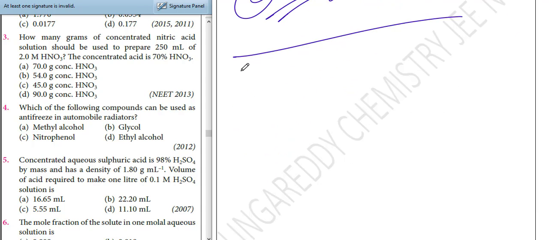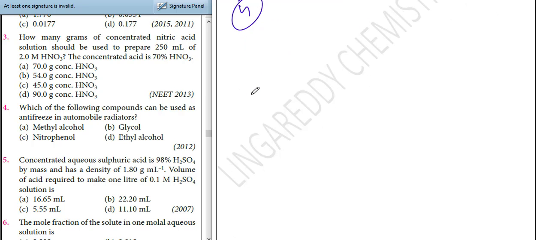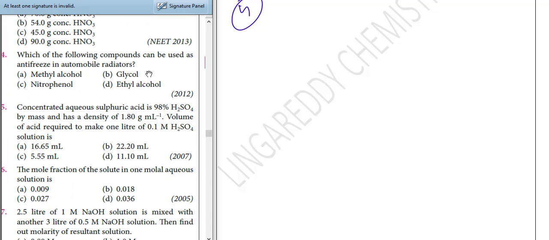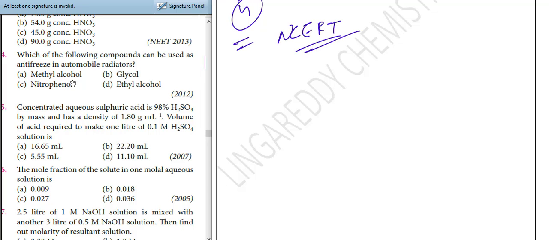Next, question number 4. Which of the following compounds can be used as antifreeze in automobile radiators? See, it is a theoretical question, NCERT. Ethylene glycol, ethyl alcohol, glycol, nitrophenol.